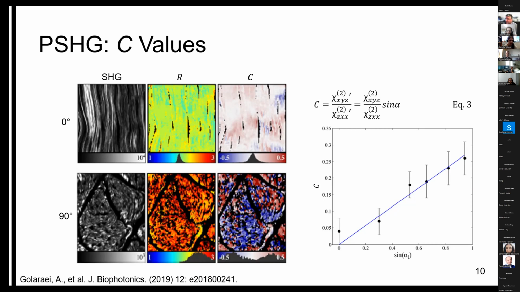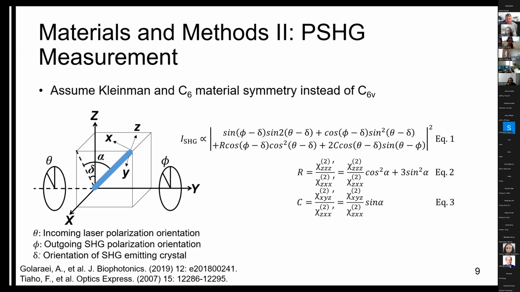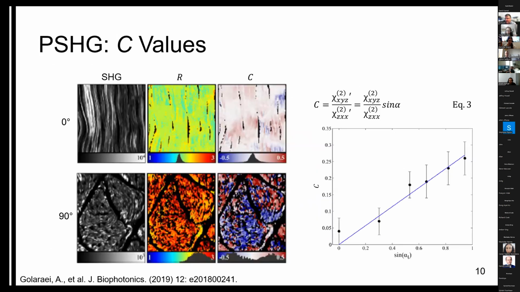Because through the measurement of C, you see the orientation difference between collagen bundles, but you're not doing a phase measurement. You're doing an intensity measurement. It's unclear for me why. I would have imagined that C will be always positive. Maybe you can explain to me the underlying physics of this.